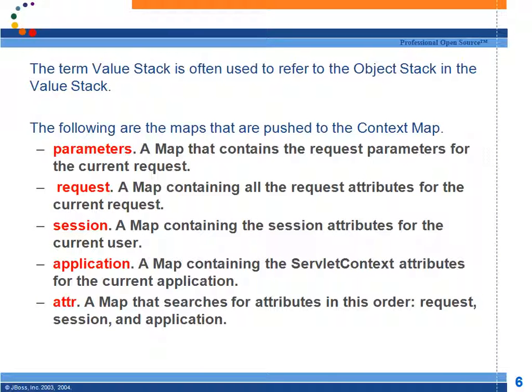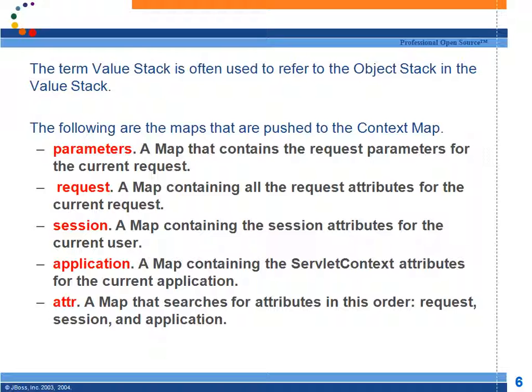Following are the parameters in the context map. Parameters, a map that contains request parameters for the current request. If you want to access the request parameters for the current request, you can use a map called parameters. What is request? A map containing all request attributes. Session, a map containing session attributes for the current user.